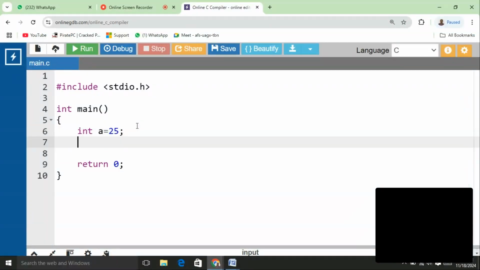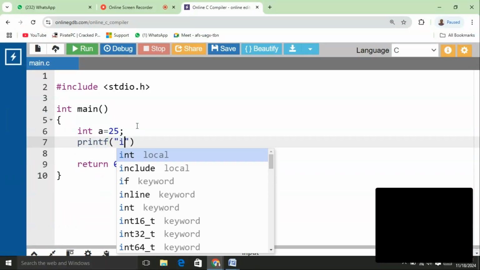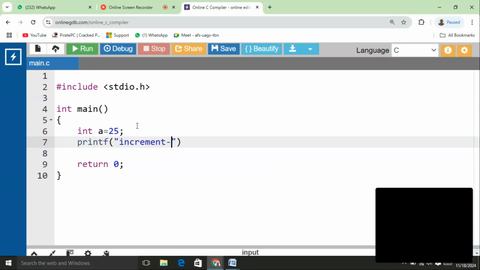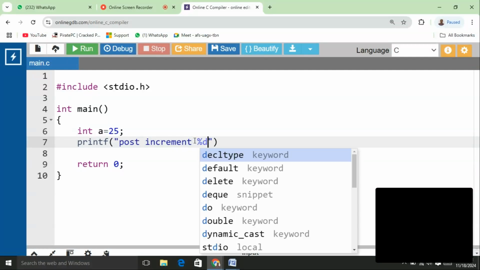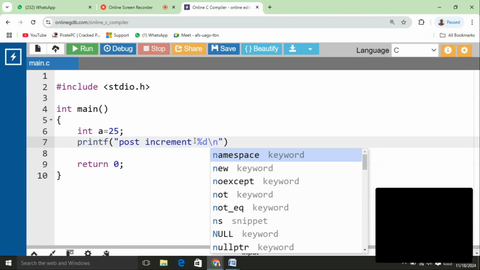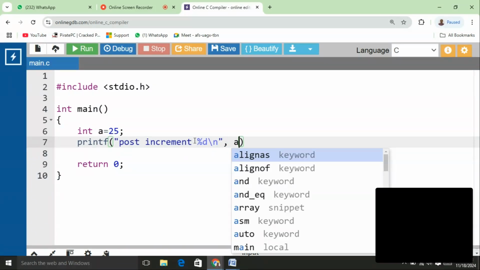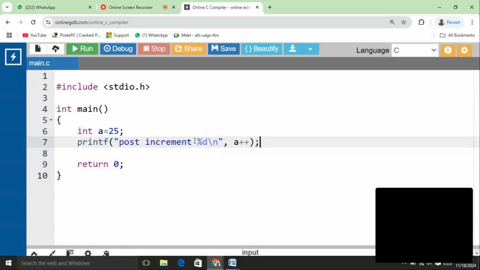Now I write printf for post increment: printf("%d\n", a++). What do you think, will 26 be printed? No, 25 is printed. I will explain later. Please observe the output.